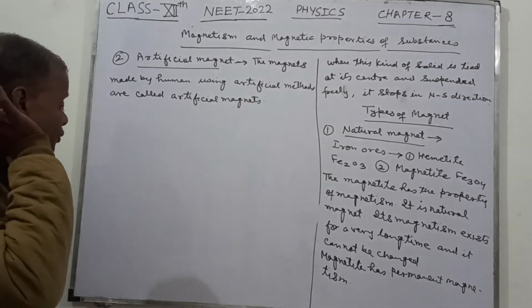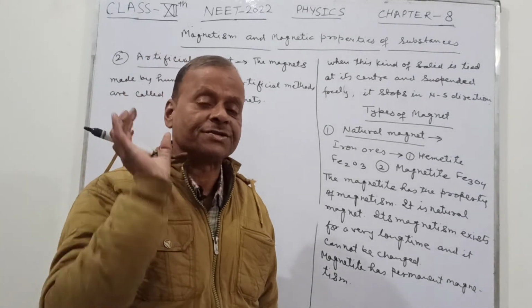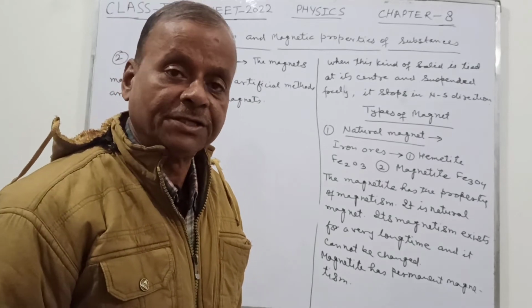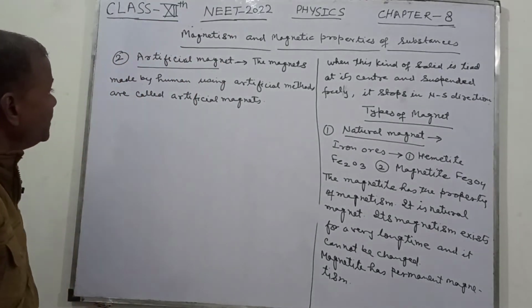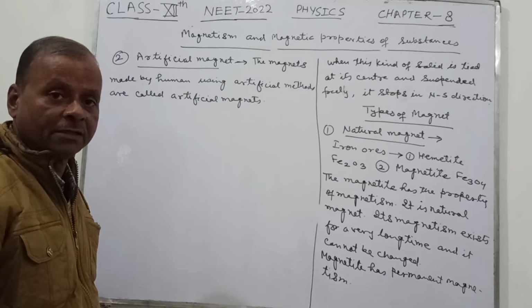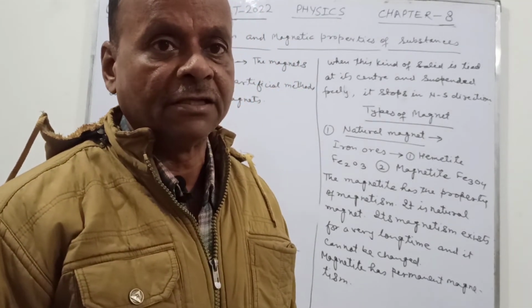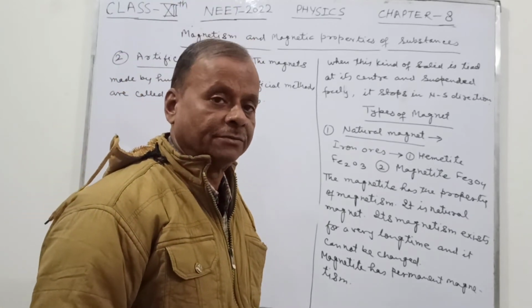So these are human-made magnets and they are made by some artificial methods. These artificial magnets are again divided into two parts. One is the permanent magnet and the second is the unstable magnet.